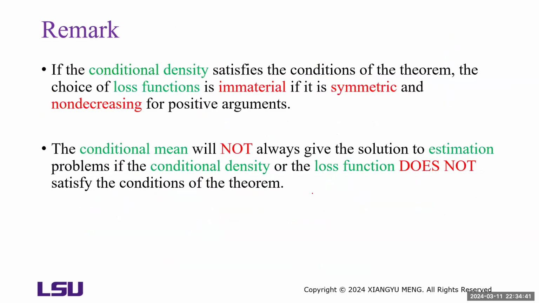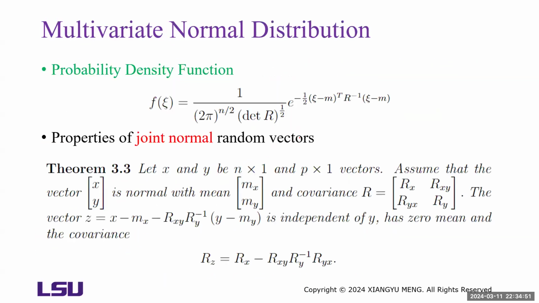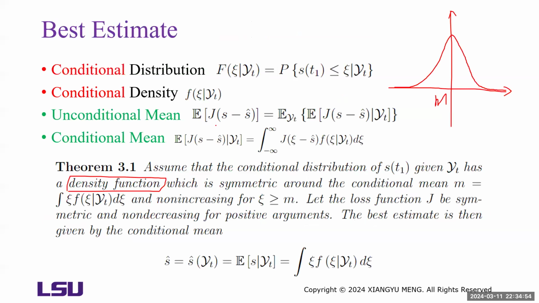And also in the problem, we want to minimize the estimation error in the mean square. In other words, the loss function will be just (x minus x hat) squared. This function, g(x) equals x squared, also satisfies the condition of theorem 3.1.